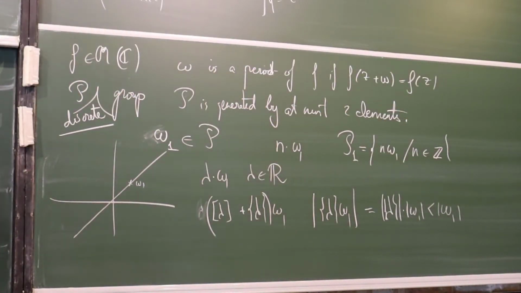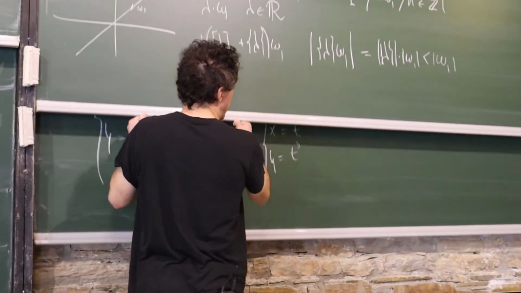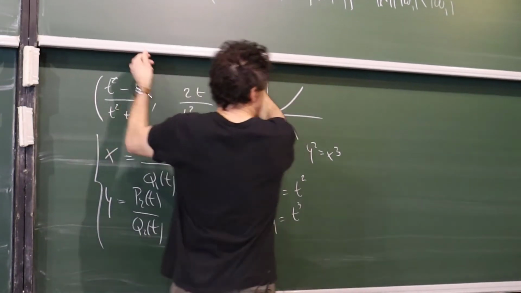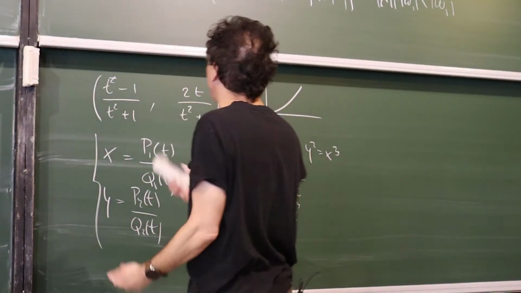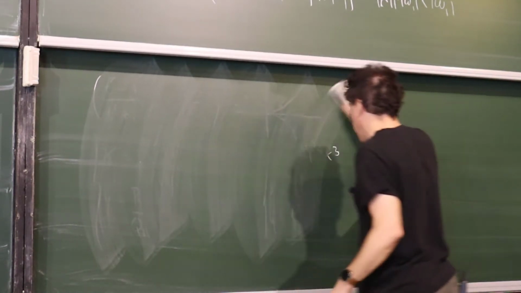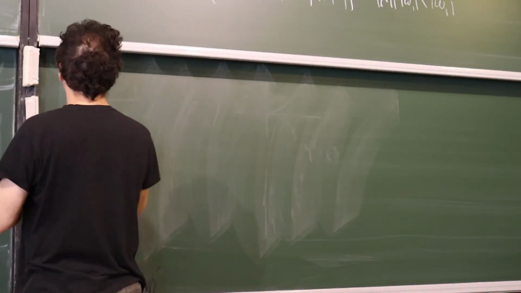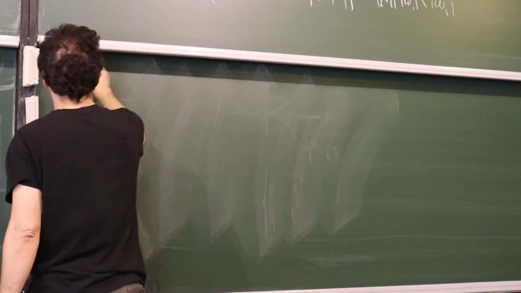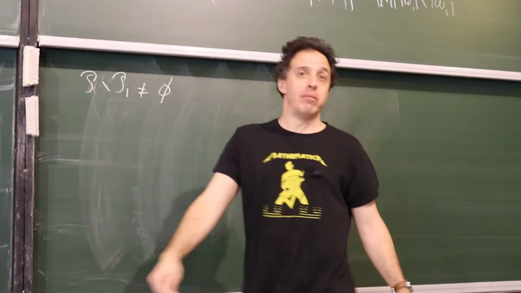So two possibilities may arise. First, P1 is equal to P. Then we have finished: we have found all periods, all periods are generated by one element, and our result is done. Assume, on the contrary, that P1 is not equal to P. So P minus P1 is not empty.